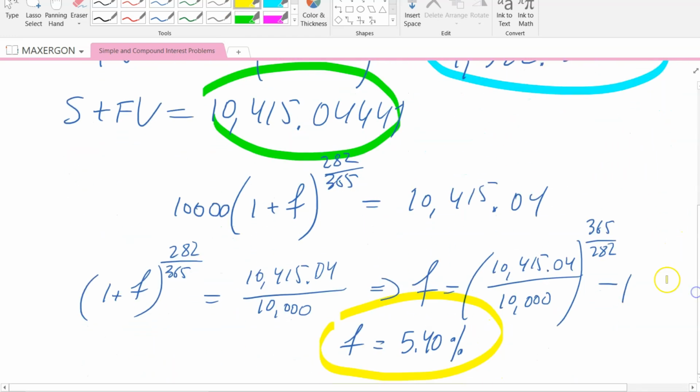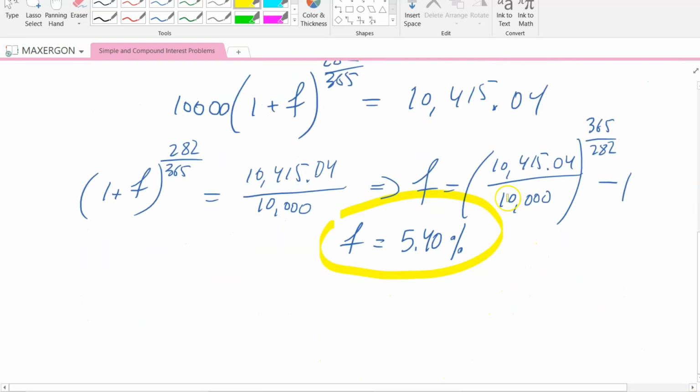Of course, this effective rate can also be found with a formula if someone wants to bypass algebra. Effective rate is future value divided by present value, exponent 1 over n, minus 1. This is actually a familiar formula for finding rate. It's just in this case, effective rate is nominal rate and periodic rate simultaneously.